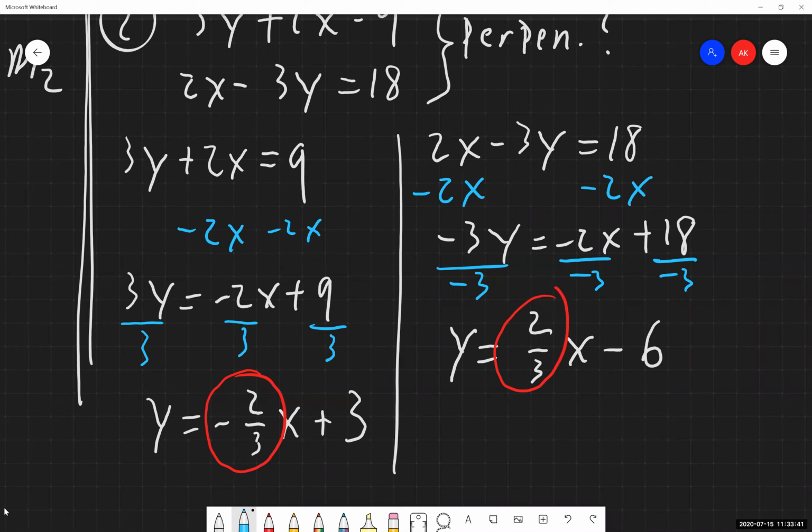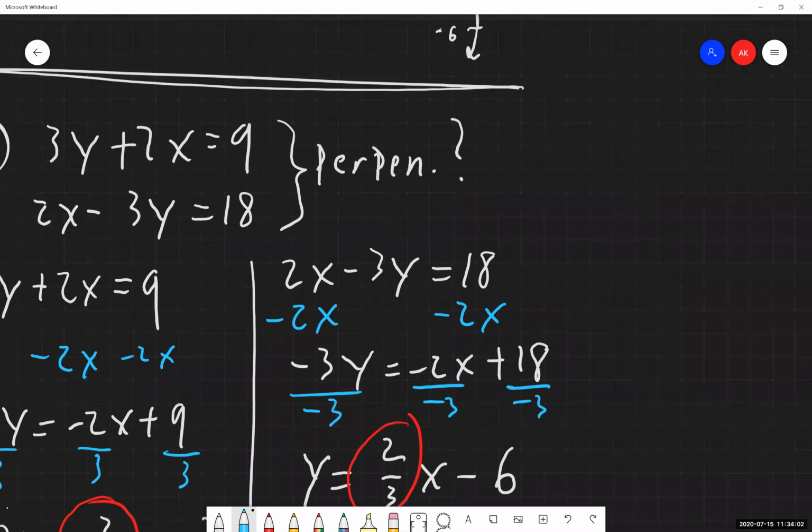However, the fraction has not been flipped. One is just a positive 2/3, the other is a negative 2/3. To have a negative reciprocal, the signs must be different and the fraction must be flipped. So are these two lines perpendicular to one another? No, they are not.